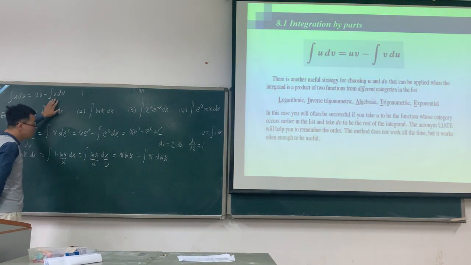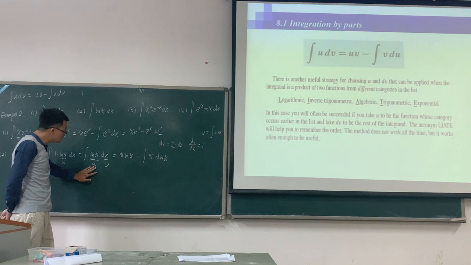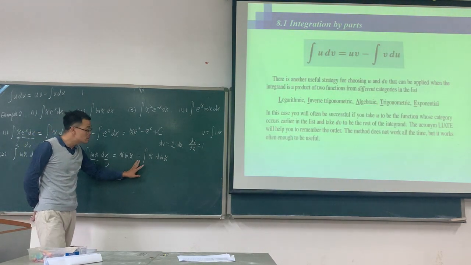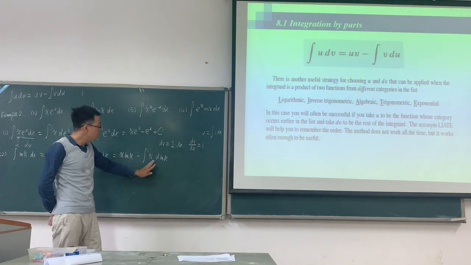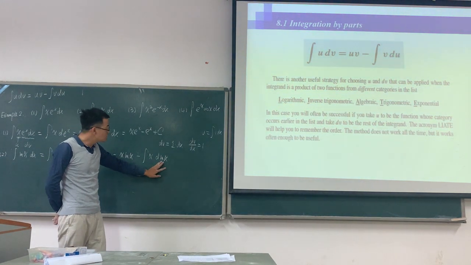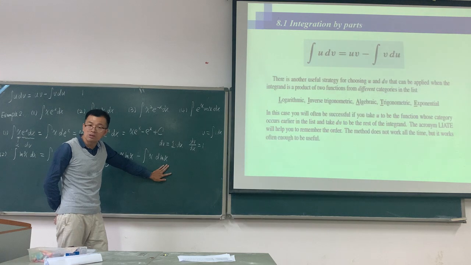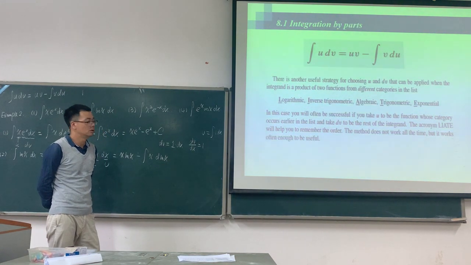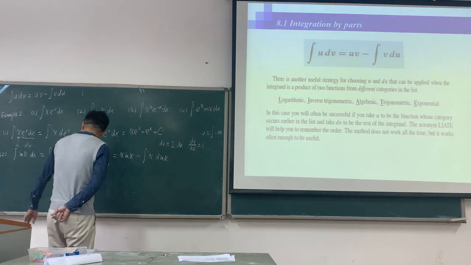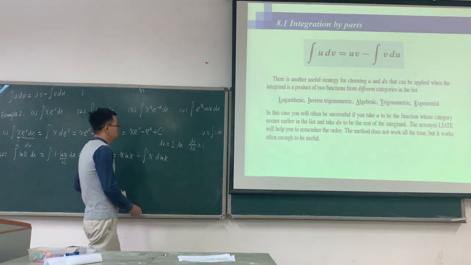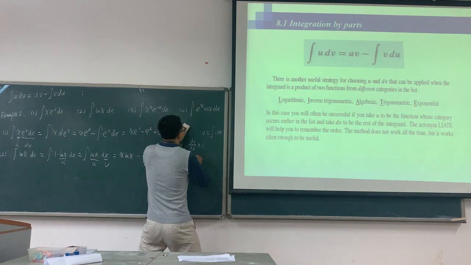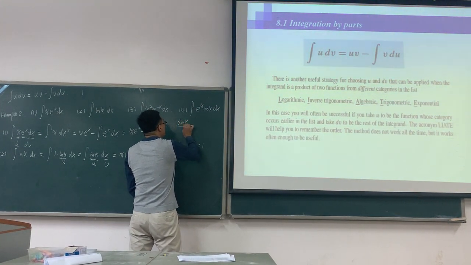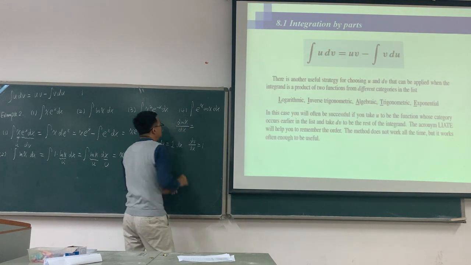So u equals ln x, v equals x, and we use this formula. It equals u times v, so x times ln x, minus the integral of v du. V is x, u is ln x, so du is d(ln x). Now let's see d(ln x). We have d(ln x)/dx equal to what?